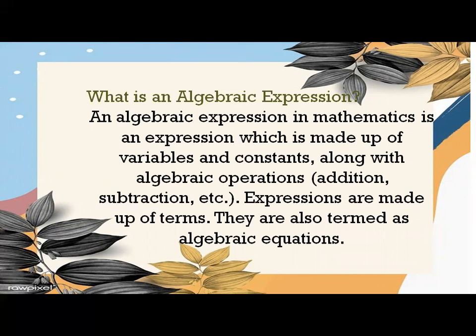They are also termed as algebraic equations. So, an algebraic expression can have variables and constants with algebraic operations, that is, mathematical operations like addition, subtraction, multiplication, and division. So, we call these expressions algebraic equations also.